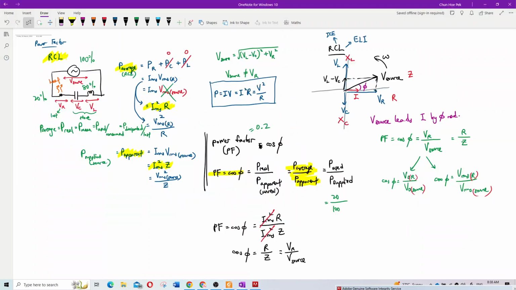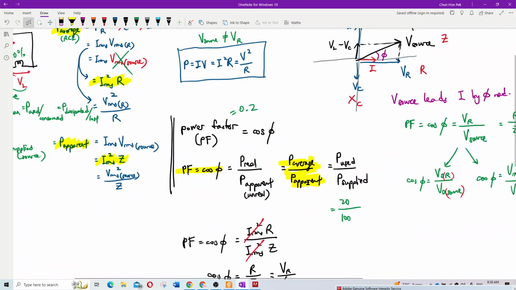Sometimes we put the symbol for this power factor: real power over apparent power. Real power is PR, which is average power. Apparent power is PA.